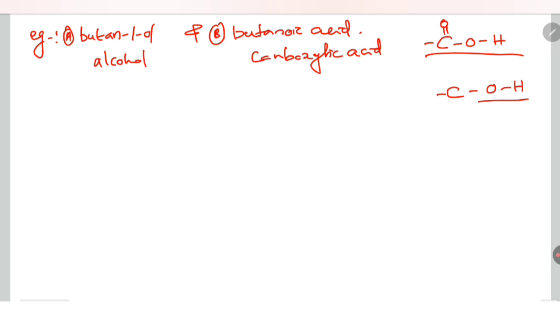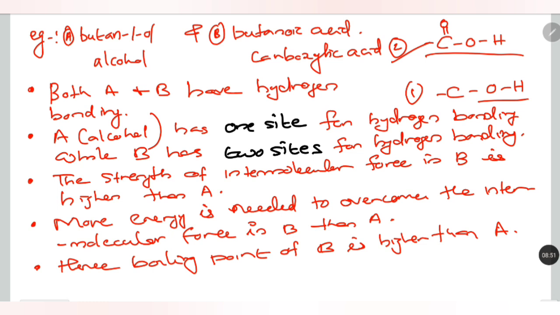Carboxylic acid has 2 hydrogen bondings and alcohol has 1 hydrogen bonding. So surely which one is stronger? Carboxylic acid. Okay, so we are going to talk about it the same way as the last example. We first talk about the forces, and then you talk about the difference in the forces. Okay, so this is the way you need to explain.